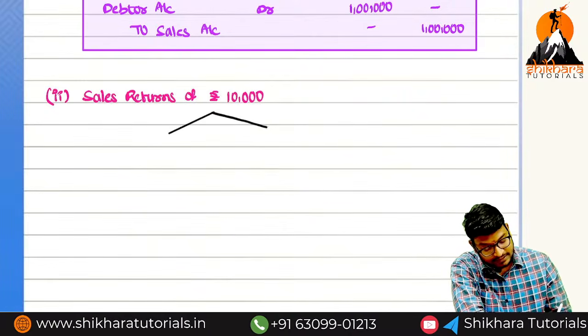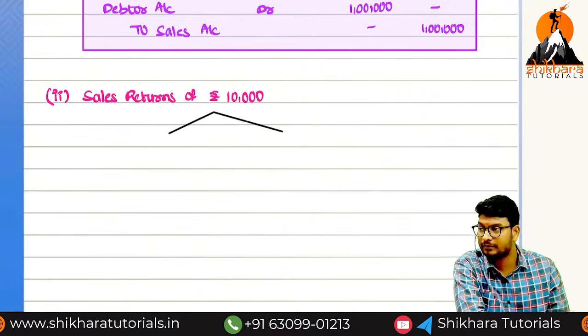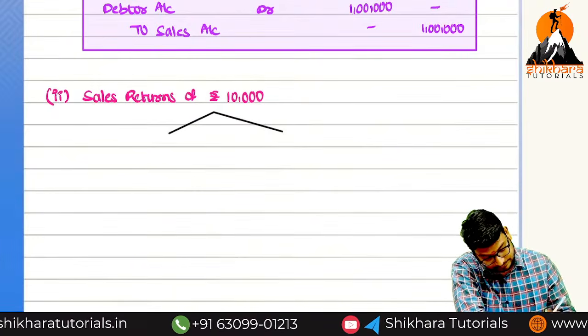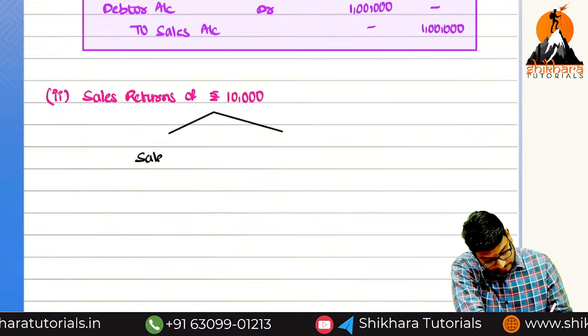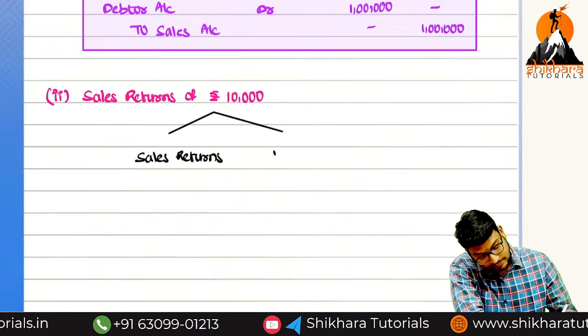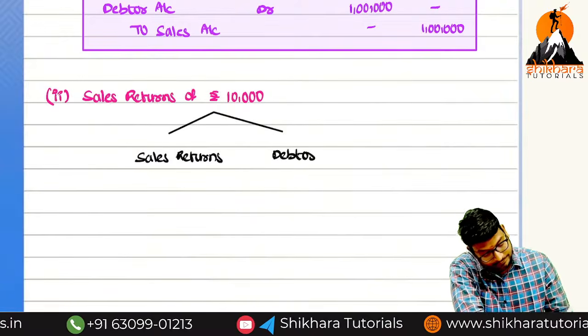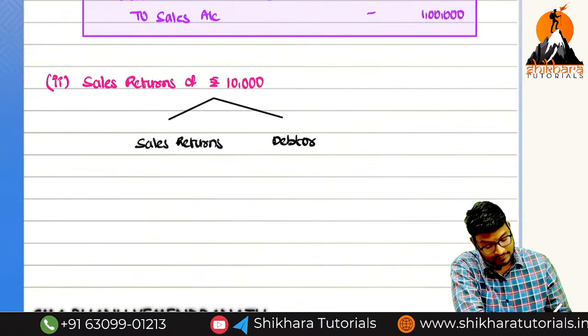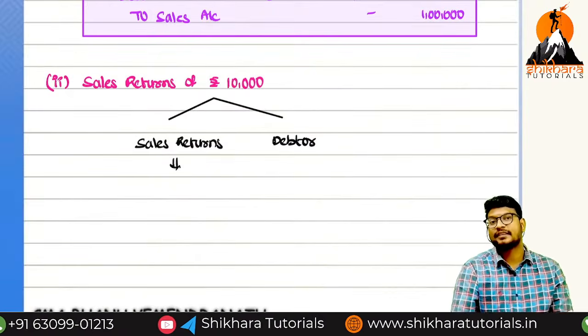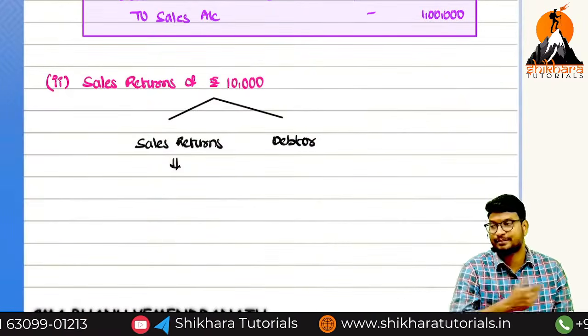If nothing is mentioned, we have to use the word debtor. So sales returns and debtor. Okay, guys. Sales is income. Now sales returns, we can consider it as expenses.